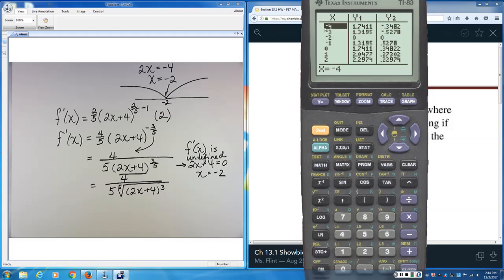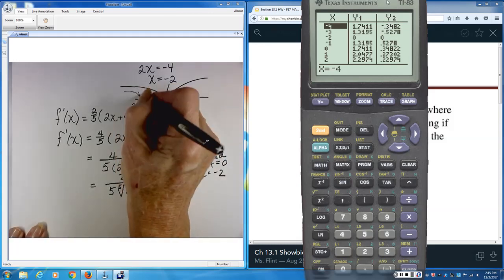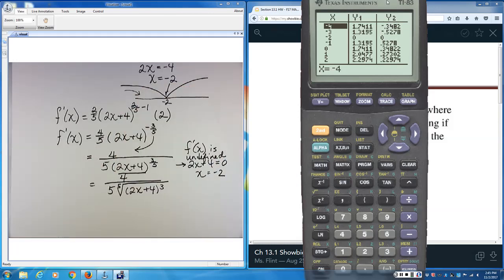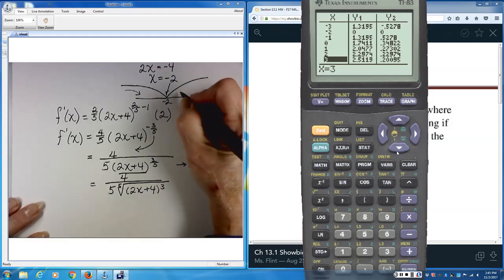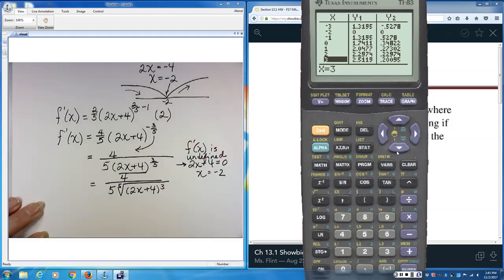So here's what happens. When the values are less than -2, the value of the derivative is negative, which tells you the function is decreasing. And when the values are greater than -2, you see the values are positive, which tells you the function is increasing.